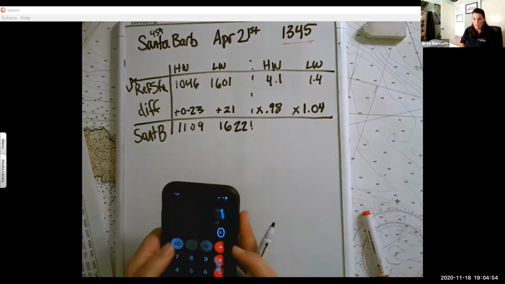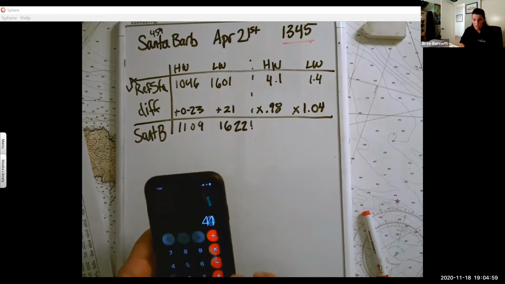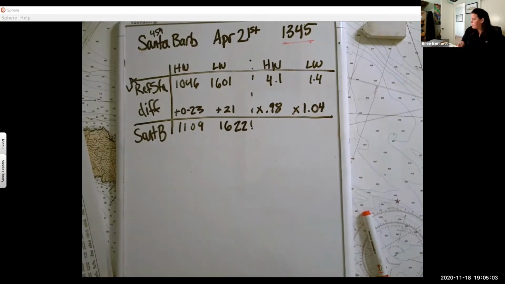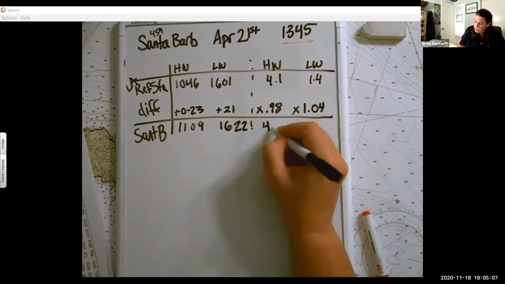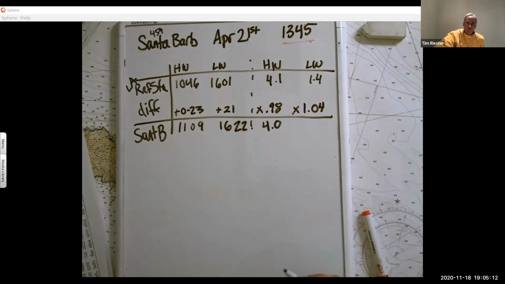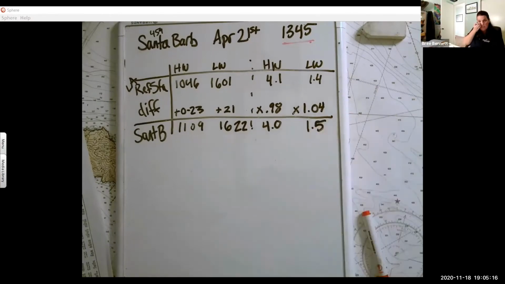Oh, my calculator's real weird today. 4.1. Can't even do it. I'm looking at the answer here. 4.0. And 1.45. And 1.45. So we'll just call that 1.5.